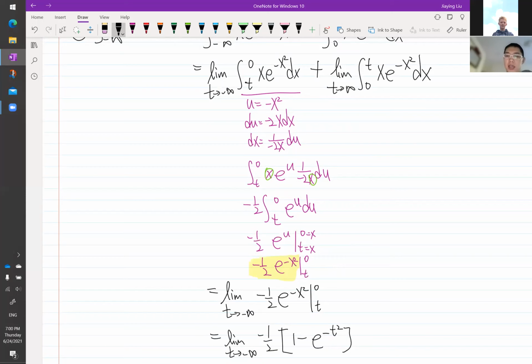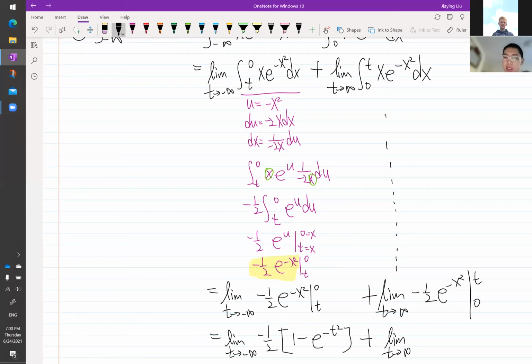The other side, I'm going to be a little bit lazy, so I'm going to skip all the work, and that will become plus the limit as t goes to positive infinity of negative 1/2 e to the negative x squared. That's the same, but only from 0 to t here. That's plus the limit as t goes to infinity of negative 1/2 times e to the negative t squared minus 0, 1.